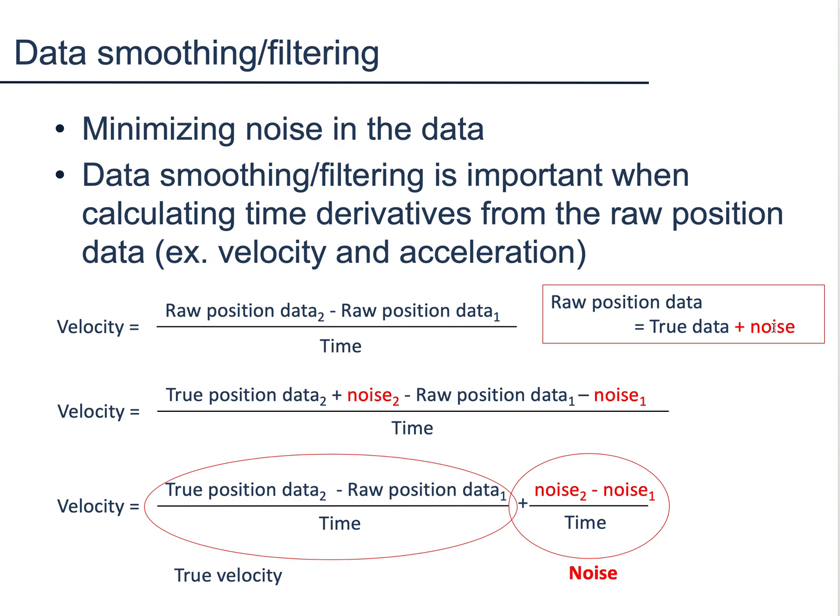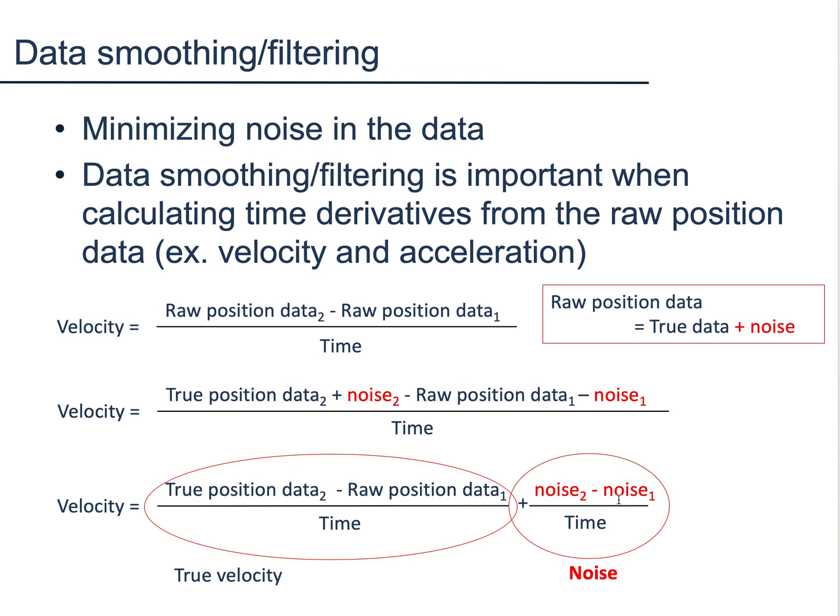When you calculate velocity from the position data that contains noise, the noise will become magnified and end up contaminating the velocity data. If you look at the last equation here, the velocity calculated from the raw data with noise included will be equal to the sum of the true velocity plus the noise divided by time.